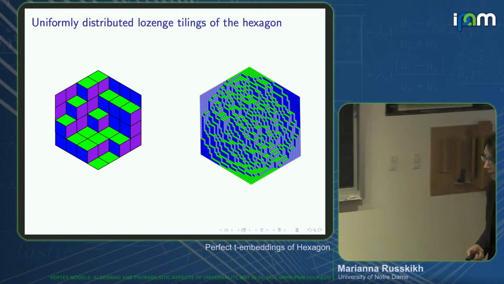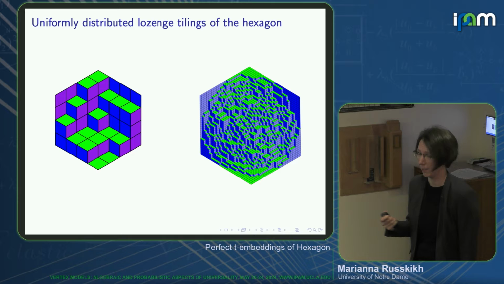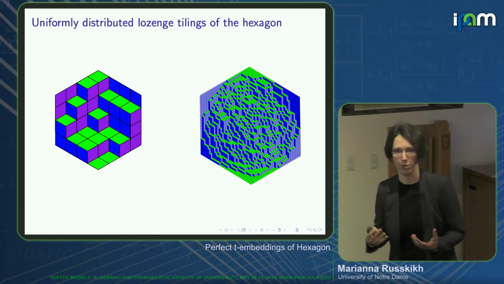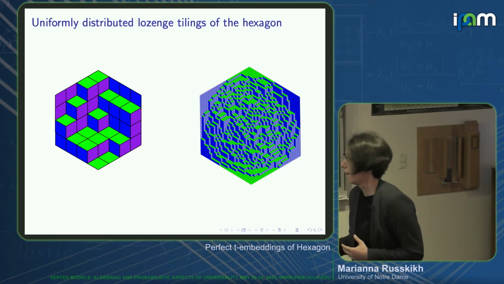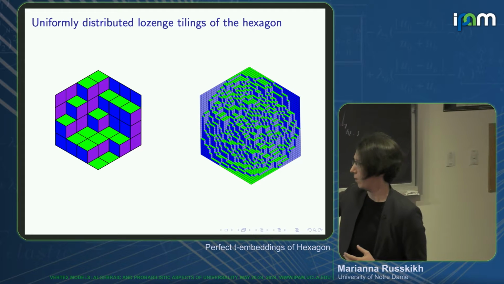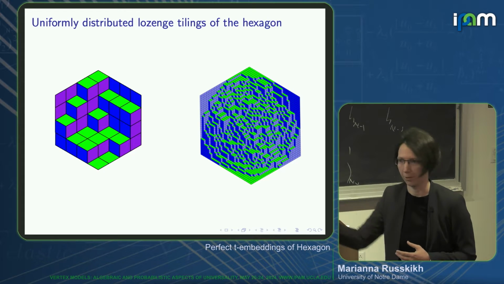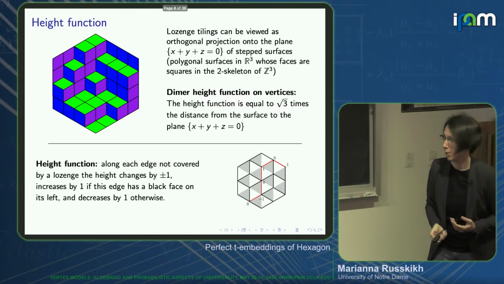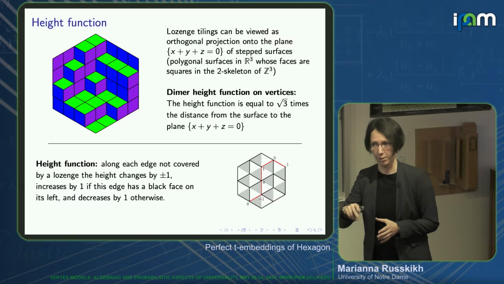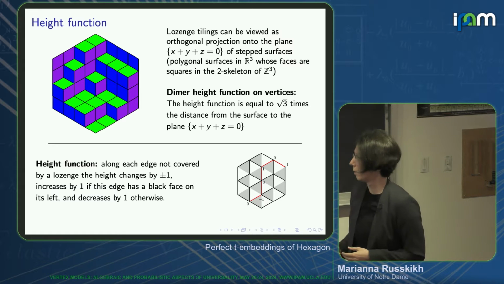For the hexagonal lattice, there is a very natural definition of the height function, which we already saw in the morning for the square lattice. Note that you can think about this picture as a 3D picture. Hopefully all of you can see it. More precisely, it's actually a projection of a surface in 3D.